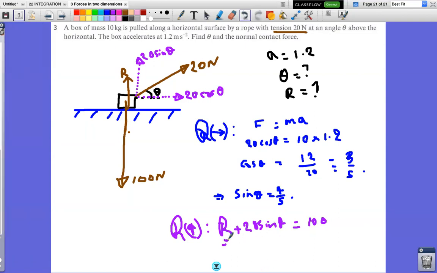And so that gives us R equal 100 minus 20 sine theta. And we know sine theta is 4 over 5. So we can just put 4 over 5 here. So that will be 100 minus 20 times 4 over 5, which we can solve.